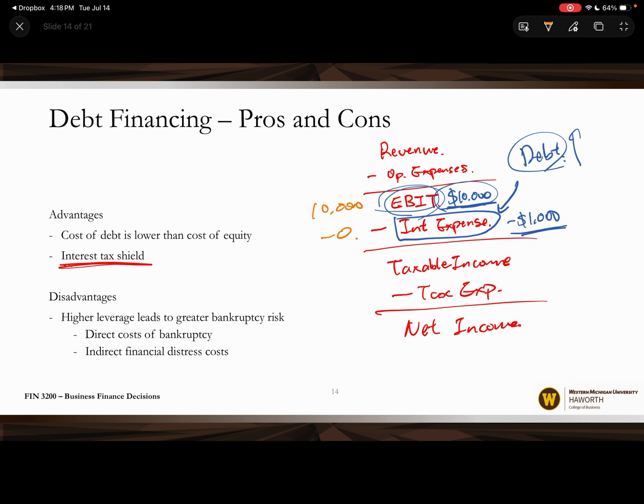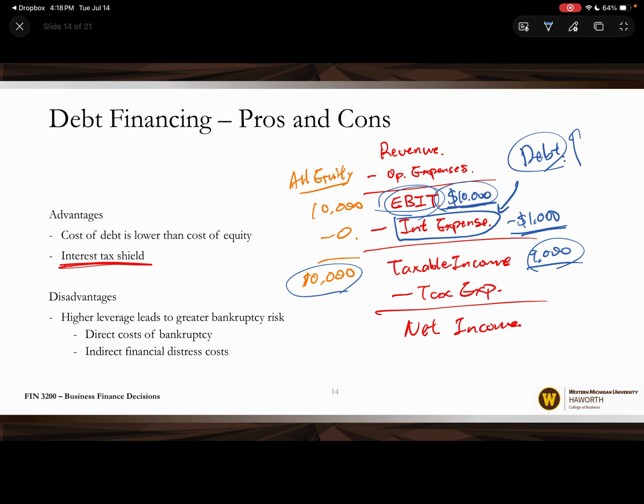Okay, so in the all equity scenario, taxable income will be $10,000, whereas if the firm has debt, taxable income will be $9,000.